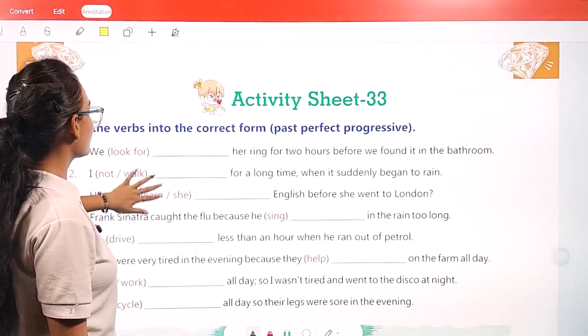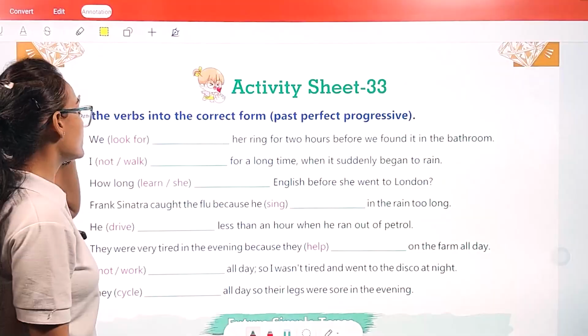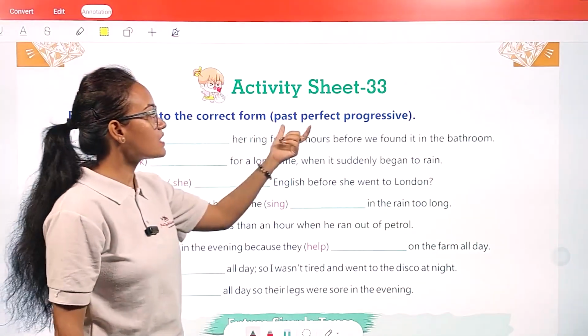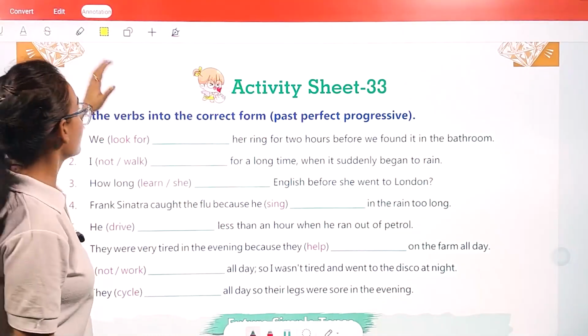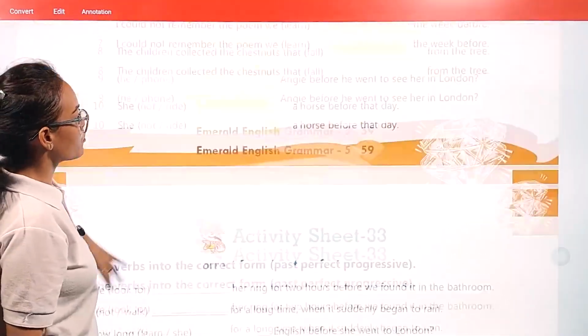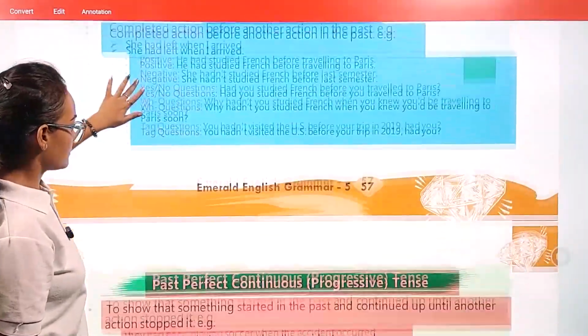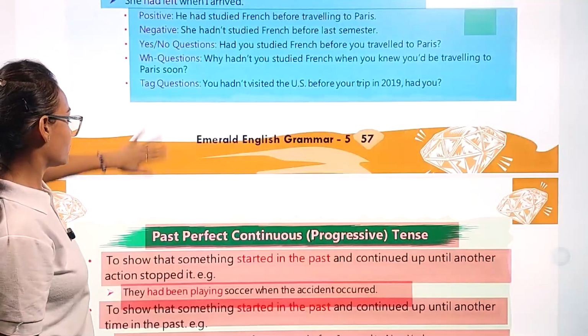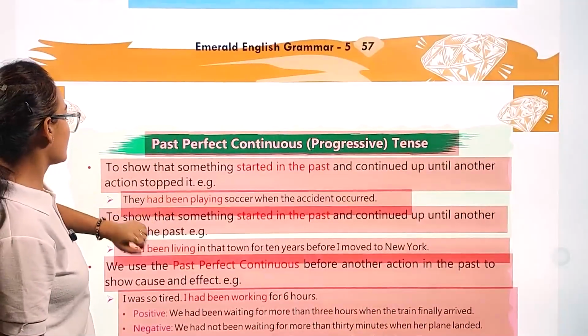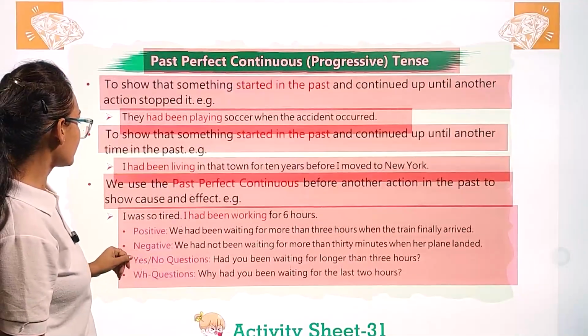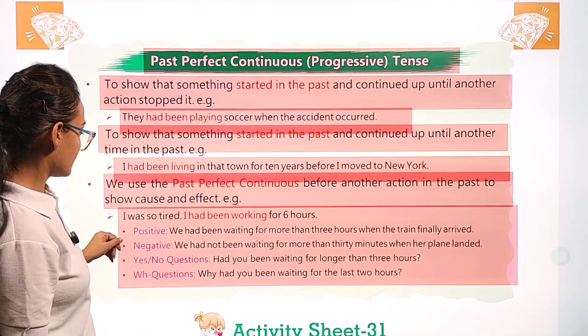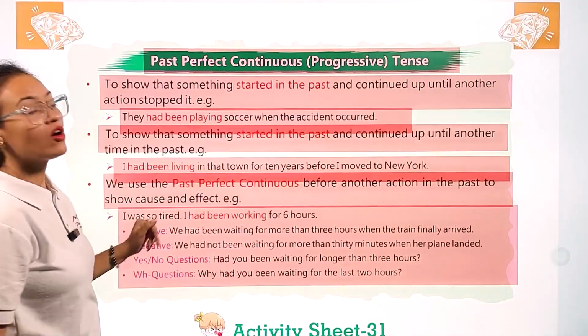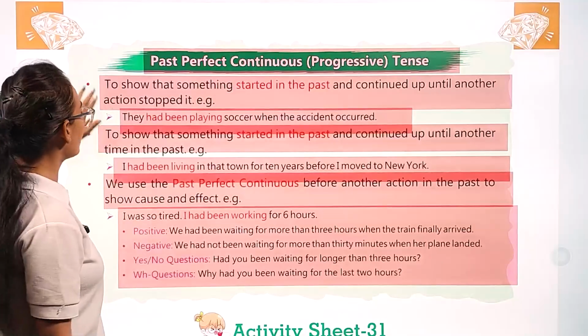Now, activity sheet number 33. Here, what we are going to do here, my dear students, we are going to put the past perfect progressive. Okay. So, for past perfect progressive, see, had been or have been. Okay. Had been or have been.